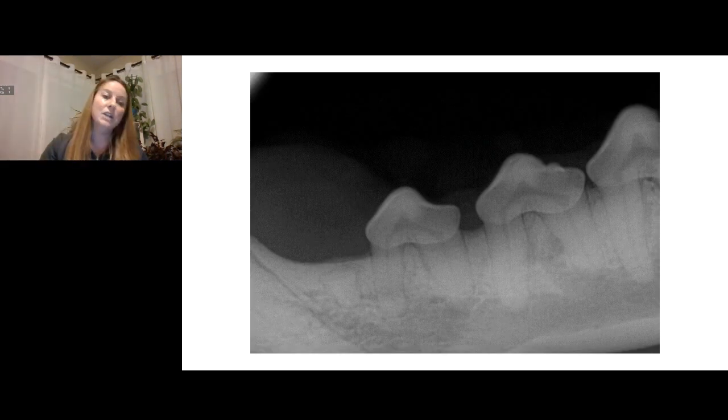So I put this in here because this is the mandible of a dog. This is our first premolar tooth. And this right here would be one of the only times that I would ever consider monitoring a root, okay? And that comes with a whole lot of ifs. That would also be if I have committed owners that are going to come back for follow-up.